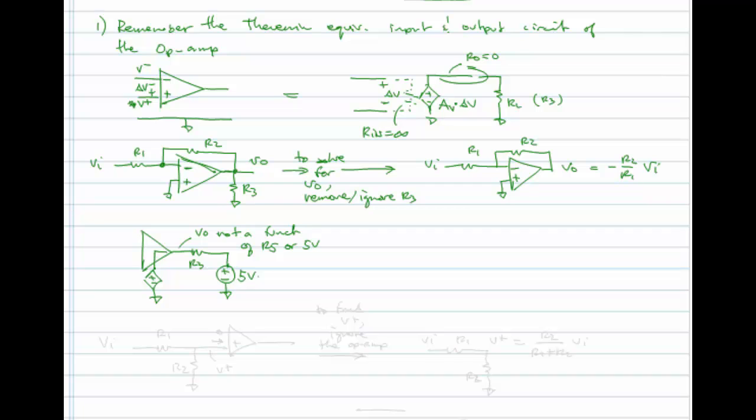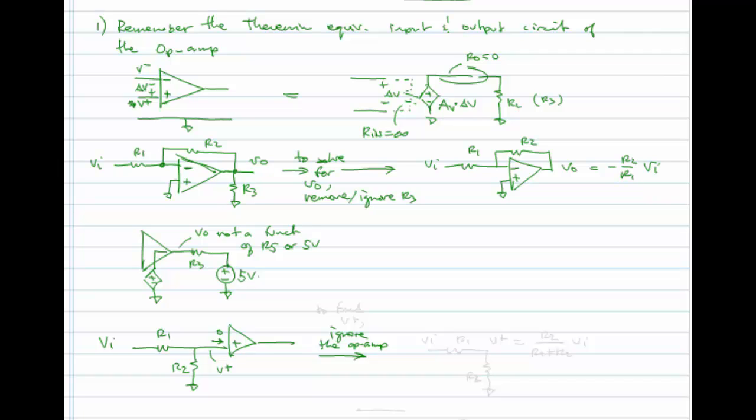Similarly, on the input side, if we have a voltage divider, say, right here, and I'm going into either input, but let's say the positive input, to find this voltage V plus, I can ignore the op-amp.